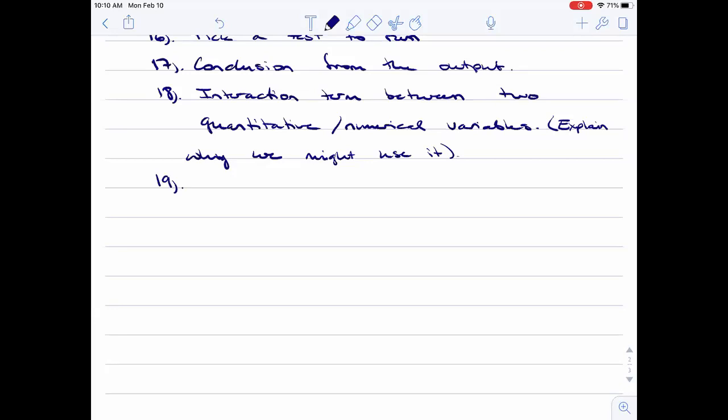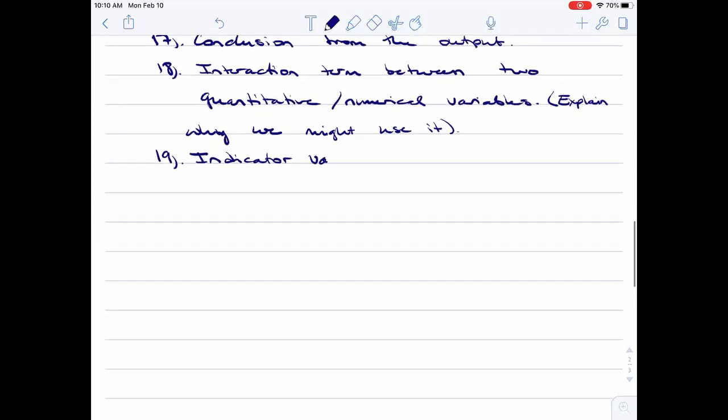19. Oh yeah, an indicator variable. Indicator variables, we've used it for gender, 0, 1.